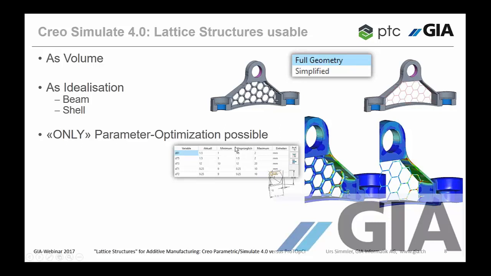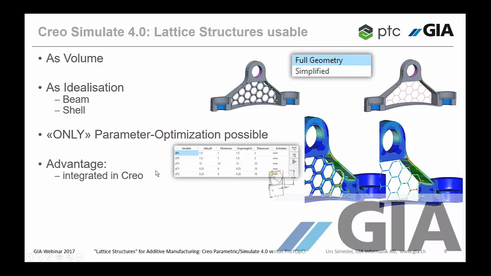That means within Creo Simulate we will never be able to take away some beams or some shells in order to get a bionic, or a lightweight part. So we can just modify the dimensions and see what happens, and if we might have 3 or 4 parameters, we can do a parameter optimization.